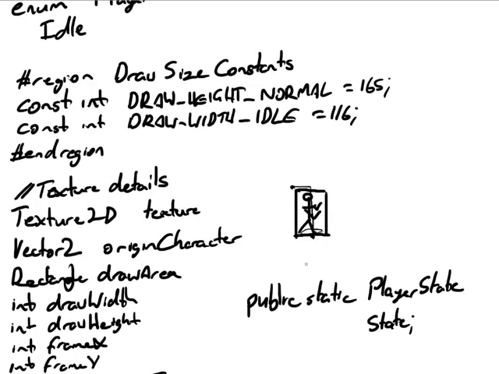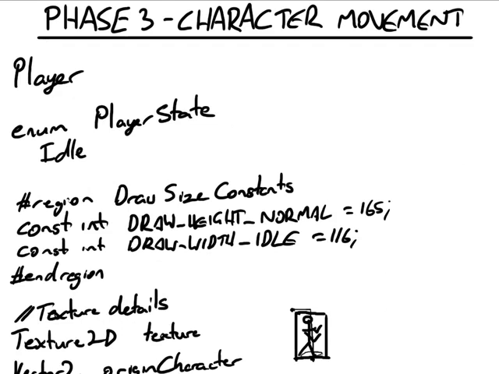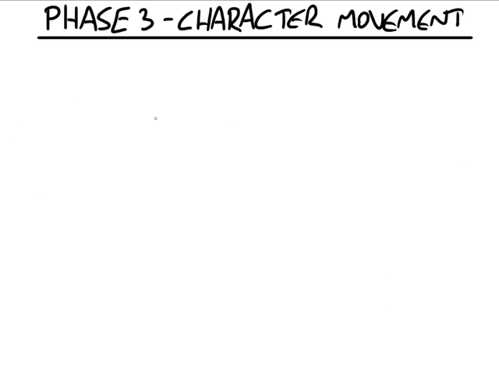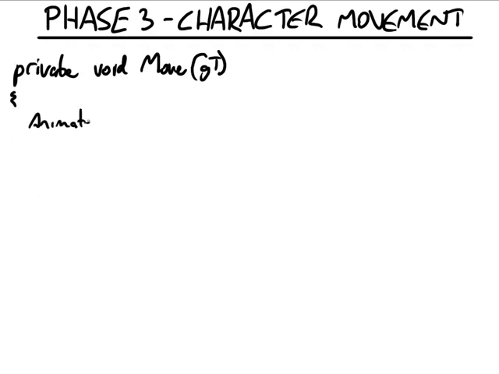Back up to the top, we can make a new one. So we have a private void move, taking in game time. All this one does for now is call animate idle and pass it game time.